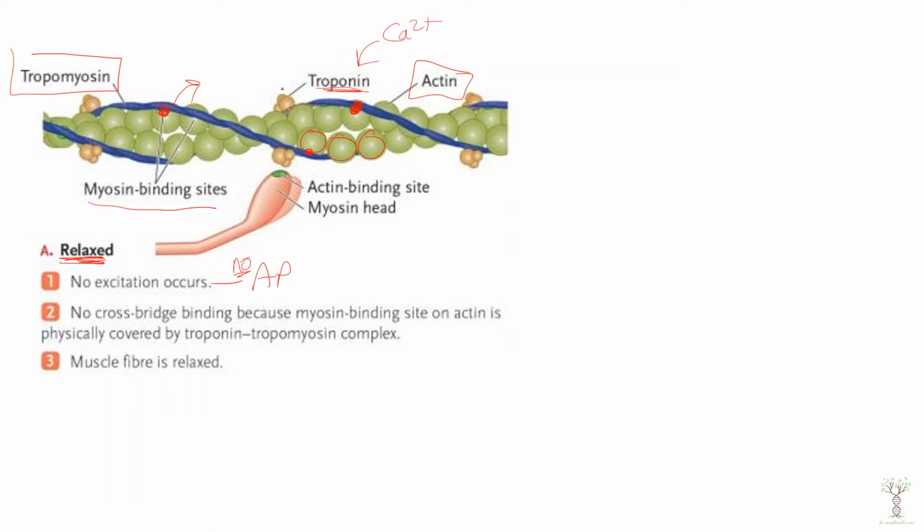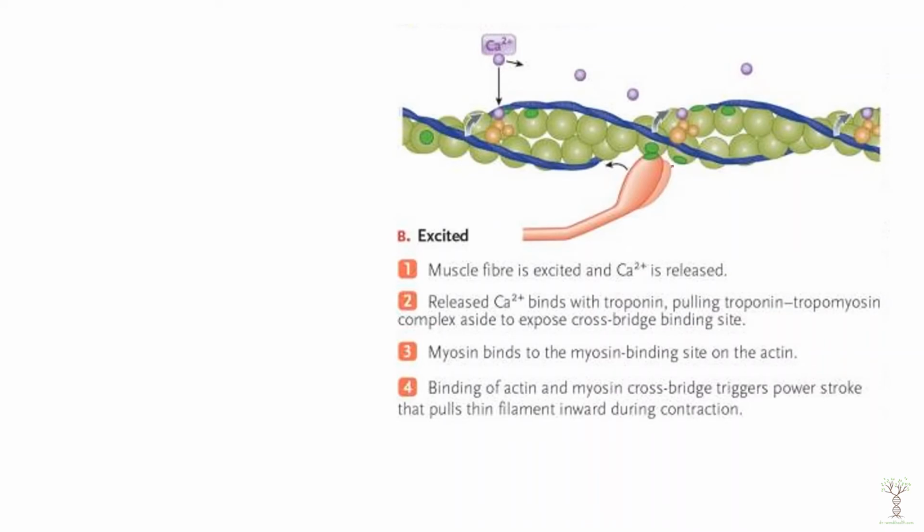When calcium binds to the troponin, it causes a conformational change in that protein that pulls the tropomyosin off of these binding sites. Now, when the binding sites are available, then the myosin head can attach. And then when the muscle is contracting and has the power stroke, the myosin head is going to move and it's going to push this actin filament towards the M line.